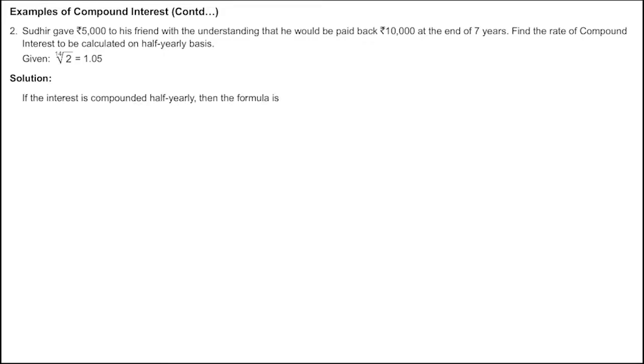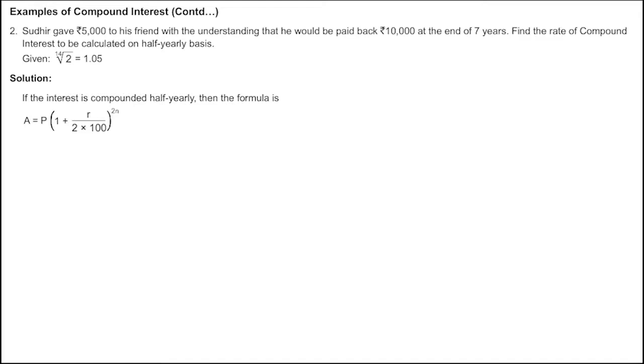Now compound interest is calculated on half-yearly basis. That means compounded half-yearly. So what is the formula to find out amount? A is equal to P into 1 plus R upon 2 into 100 whole raised to the power 2n. Now here amount is given to us as 10,000 and principal is given to us 5,000.